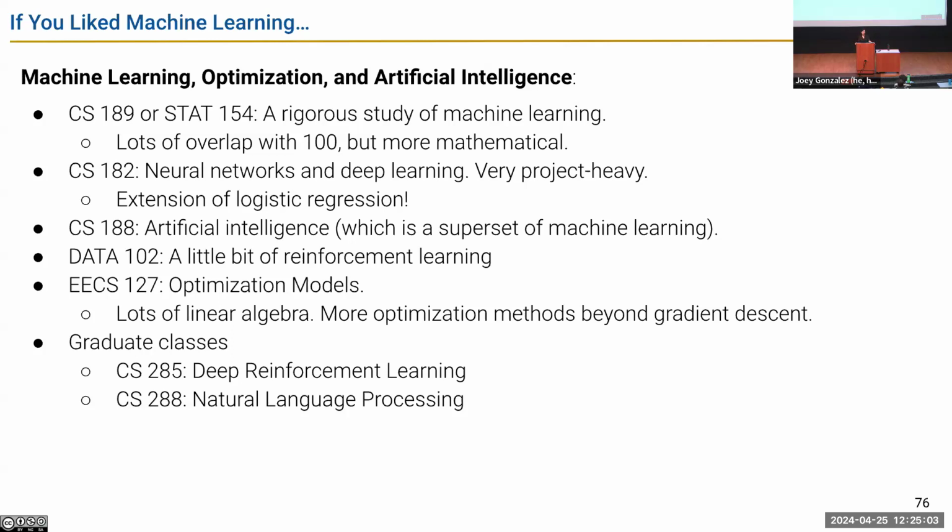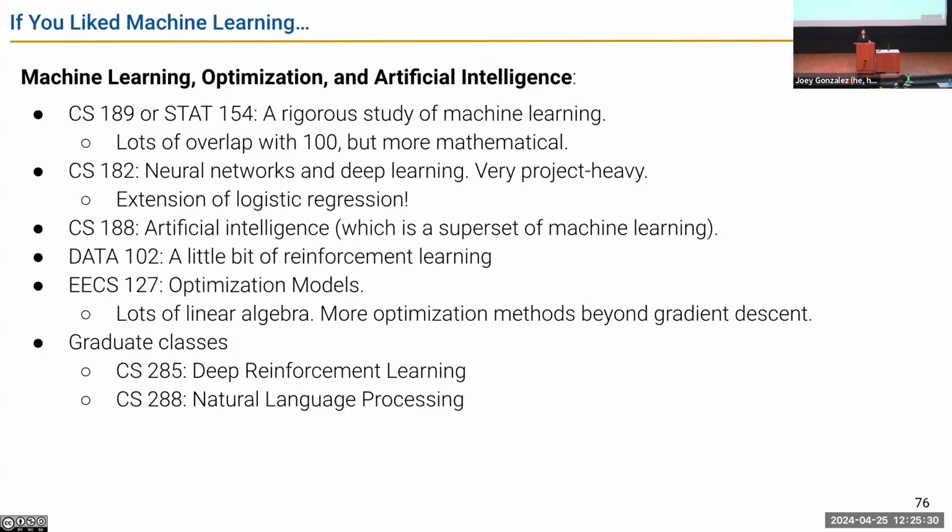CS 127 is also a great course. It thinks about ML from the optimization perspective, so different types of optimization. For example, here in Data 100, you've seen that we're doing gradient descent in order to optimize the model. You'll see a whole lot of different types of optimization techniques and the math behind them in 127. If those are the things that you're interested in, that's a good course.